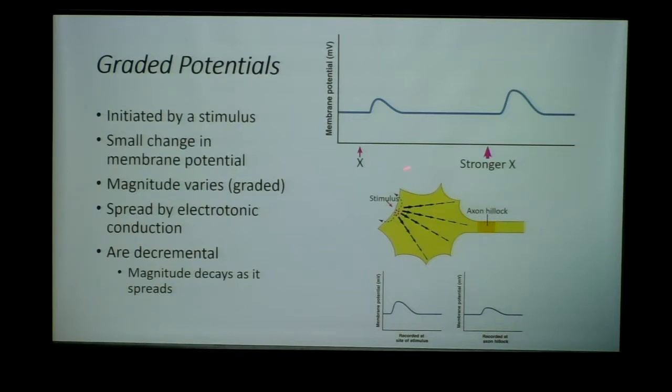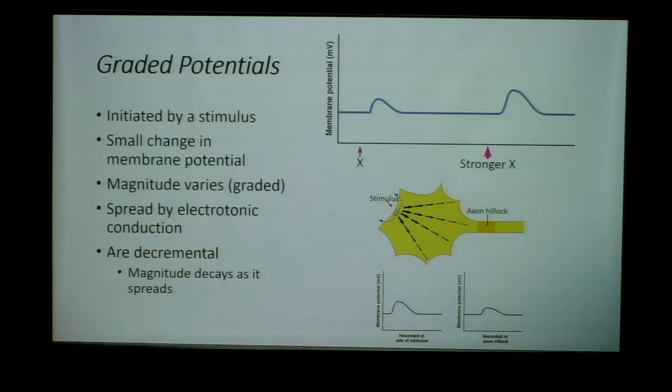So as you can see in this illustration here, we have our soma, the axon hillock, right, the neck of the axon, and then we have the remaining length of the axon. We have a stimulus on the soma, and basically we lose the strength of this stimulus as it moves further away.